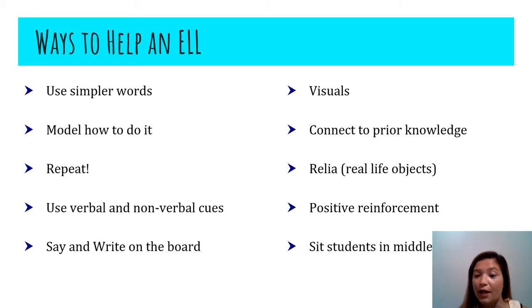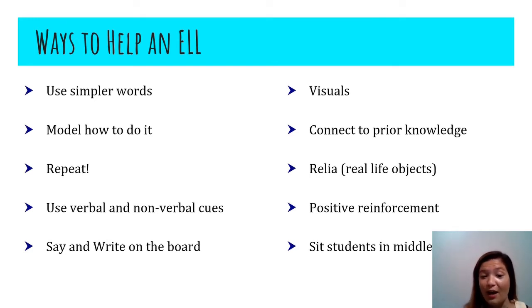Modeling how to do it, because level 1 and 2s are looking at you to see what to do. They're looking around to their peers to understand what to do. Repeat yourself. Repeat yourself once, 2 times, 3 times, okay? I think that's helpful for everybody.